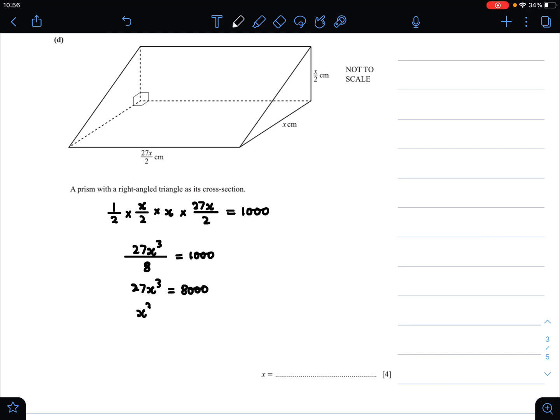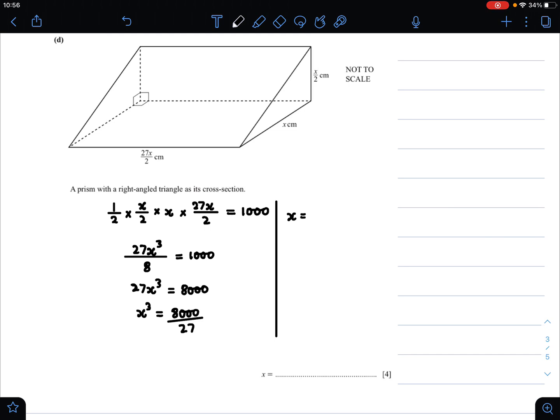Therefore x cube is equal to 8000 divided by 27. You can just write that as a fraction. So 8000 divided by 27, and therefore x will be equal to cube root of 8000 divided by 27.